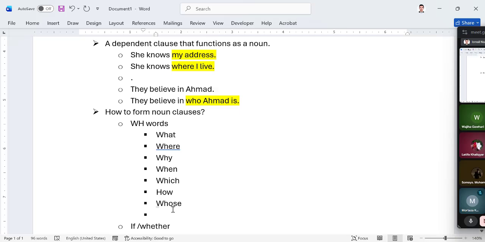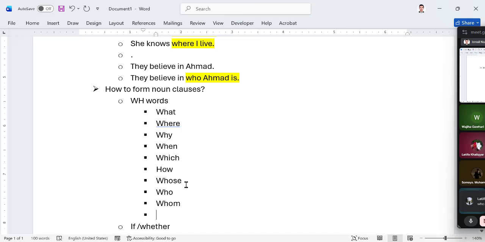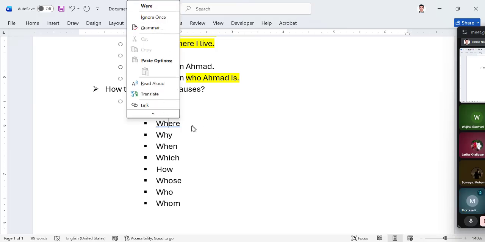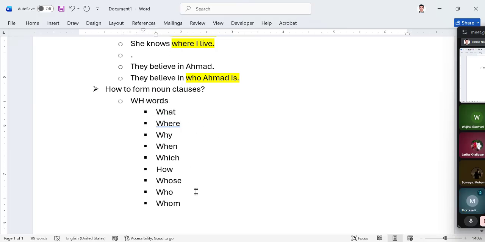And then we have who and we have whom. Yeah, these are the WH words that we have. So when we want to use them, we can have them at the beginning of our noun clause, or they can introduce our noun clause.